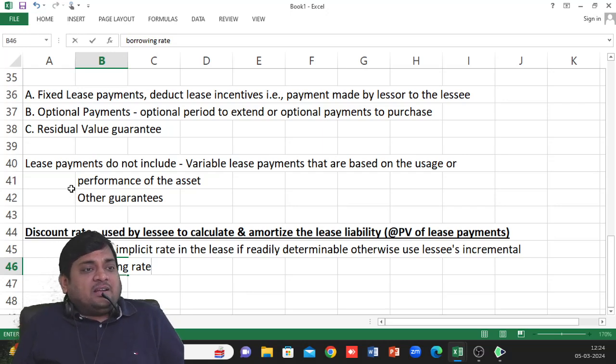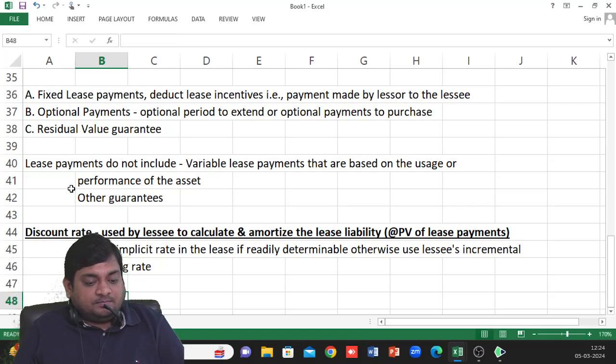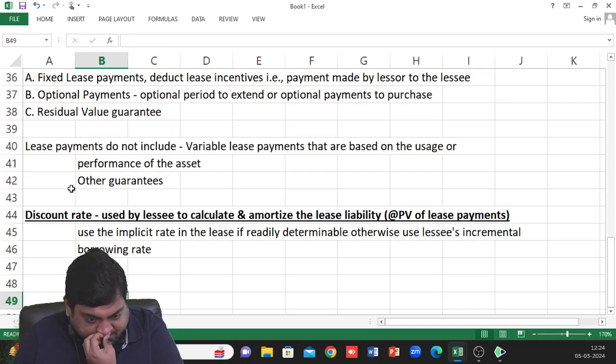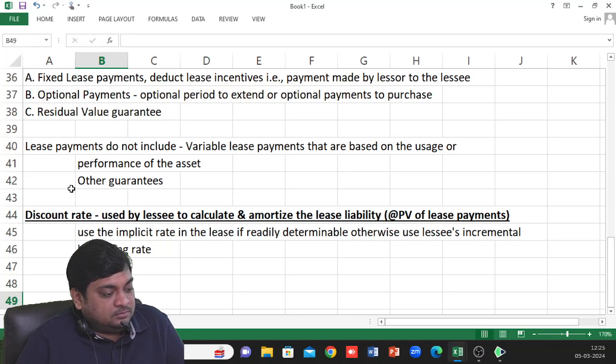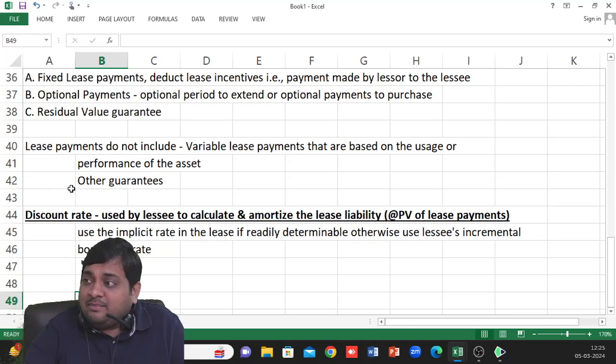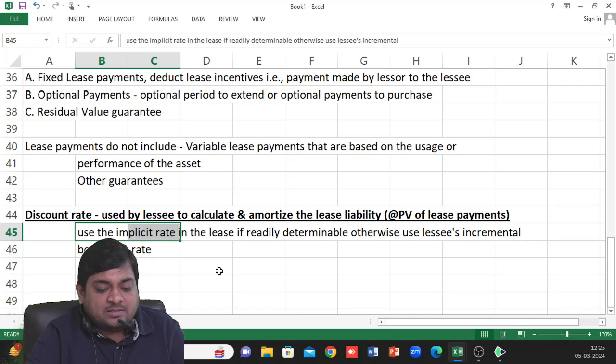This is the similar rate at which I can borrow other finance. So I will make you understand how to get this implicit rate also. This I will explain to you.